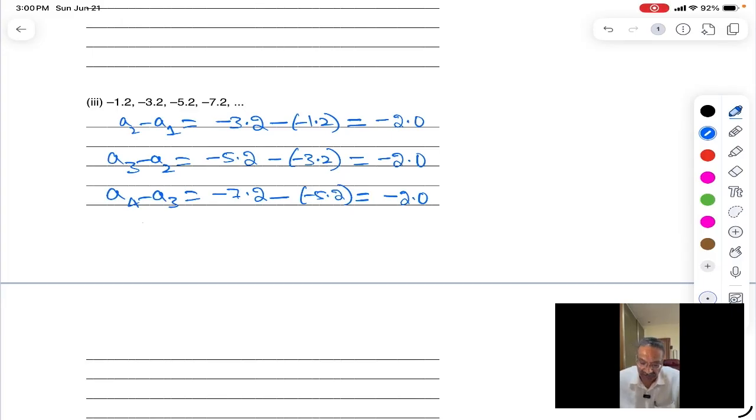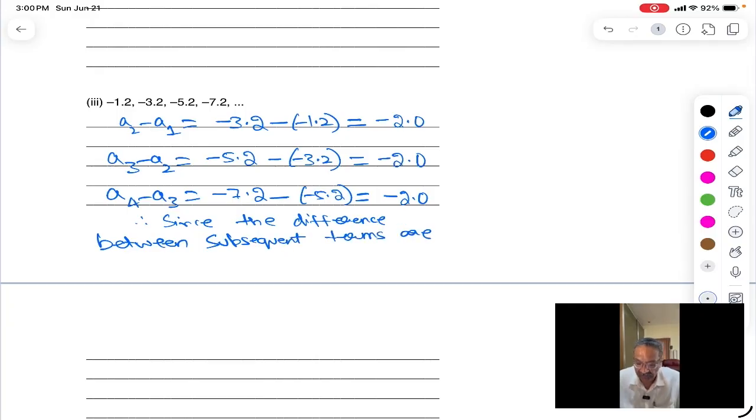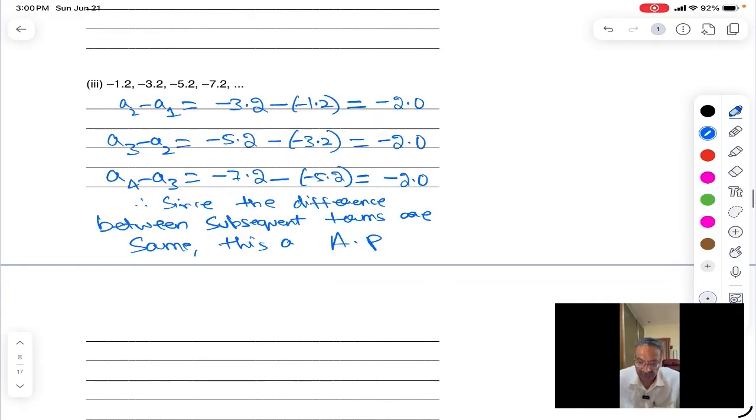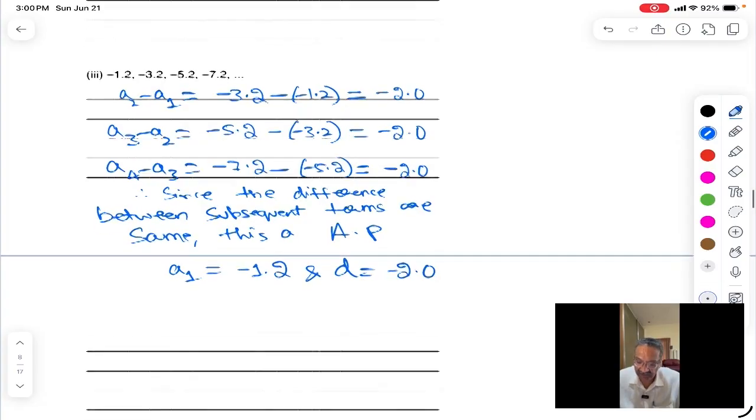So here the common difference is the same. Therefore, since the difference between subsequent terms is the same, this sequence is an arithmetic progression. Now that we know it is an arithmetic progression, a1 is equal to minus 1.2 and common difference d is minus 2.